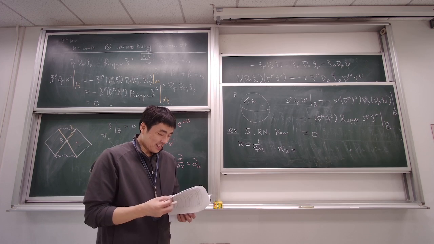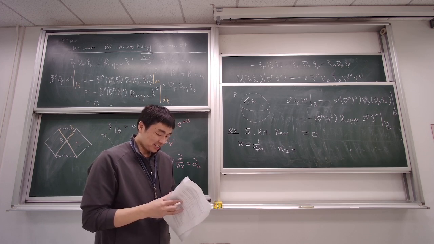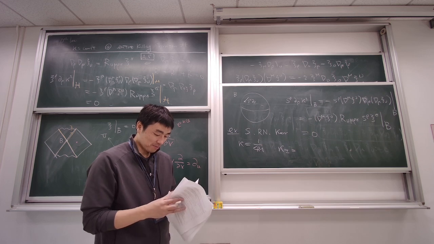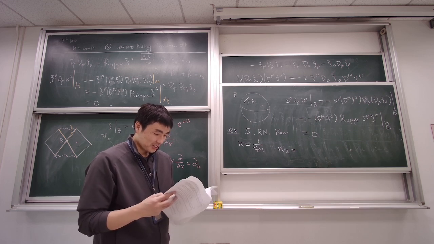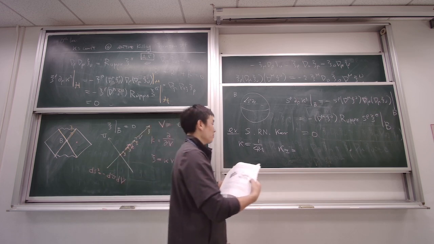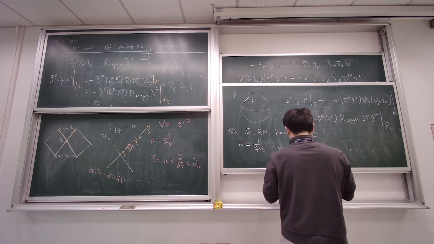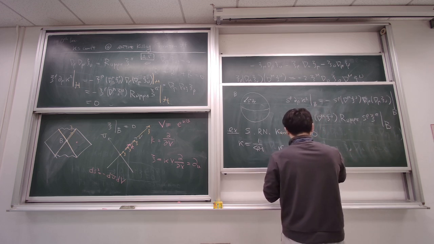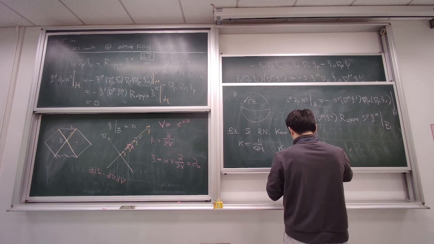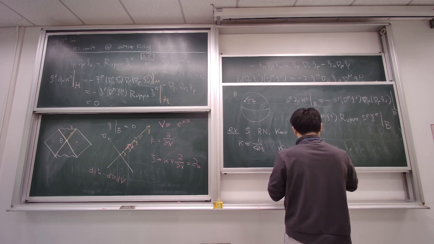I can write down the Kerr case because I wrote it somewhere in this lecture. In the Kerr case, it should be something like this: r plus minus minus r minus plus over 2 times r plus minus squared plus a squared.